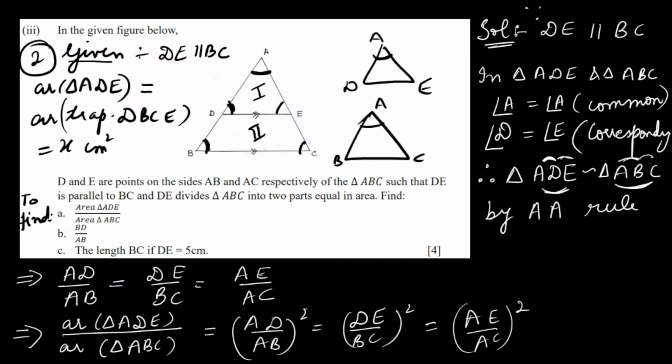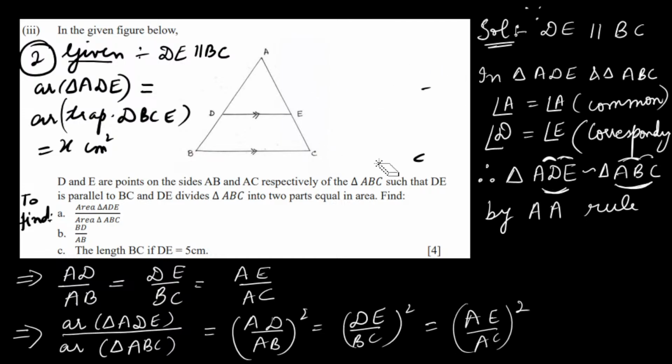Now see, if you see the original figure, BD is present on this side. So this is BD and AB is this full side. So which result can we use now to find this ratio?